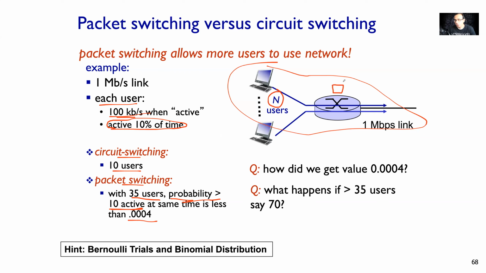Sure, but if we want to formulate this so that we account for buffers, the mathematical problem is going to be intractable. So in this setting, we are assuming there are no buffers in the packet switch, which means we never want a scenario where there would be more than 10 users actively sending at the same time. That's what we are trying to formulate essentially.